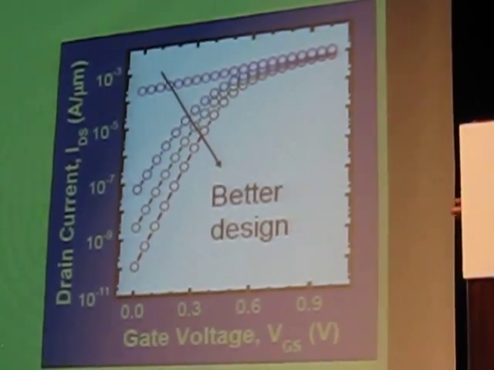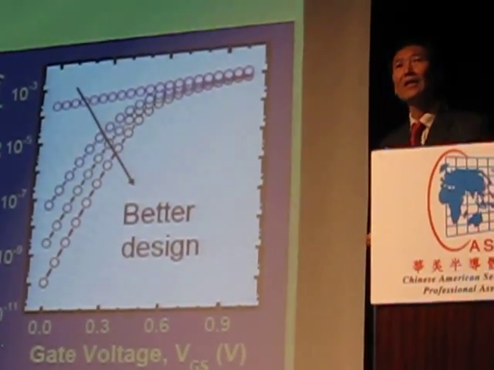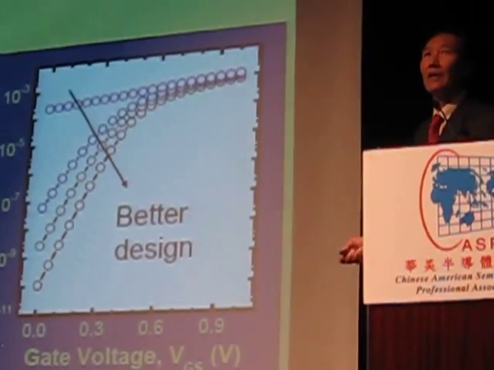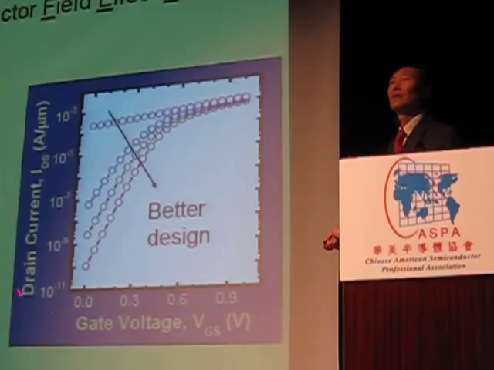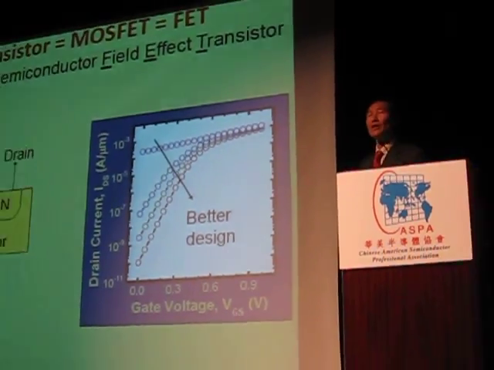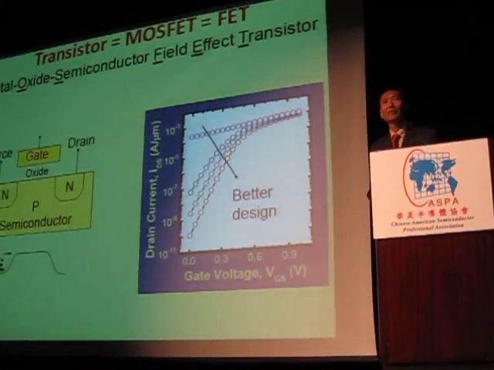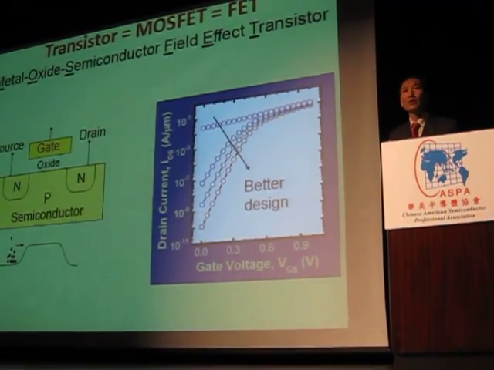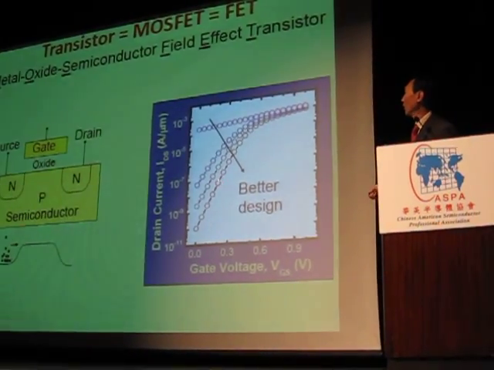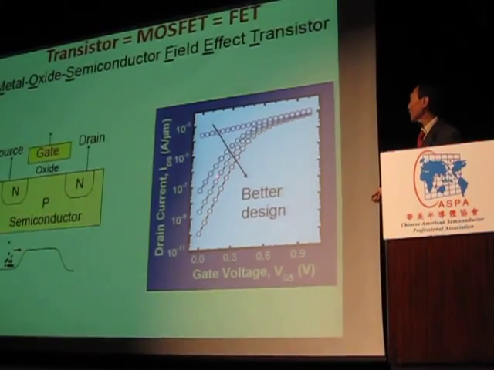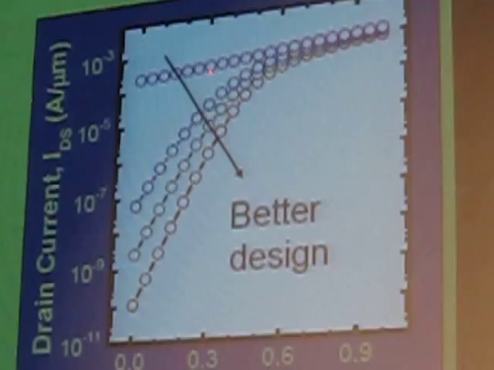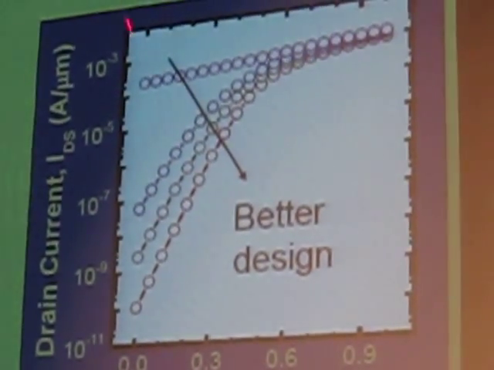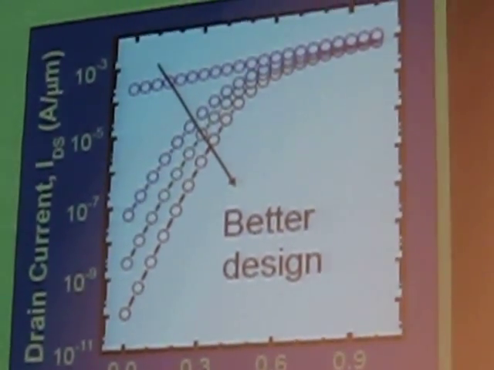We call that off-state current, I off. And that's what we really want. That is, the transistor changes from on to off with a very small change in voltage at the gate. But if you don't design the transistor well, we know that it can look like these other curves, the black curve, the blue curve, and in fact, the very badly designed transistor will look like the top curve. That is, it's really not a transistor anymore.